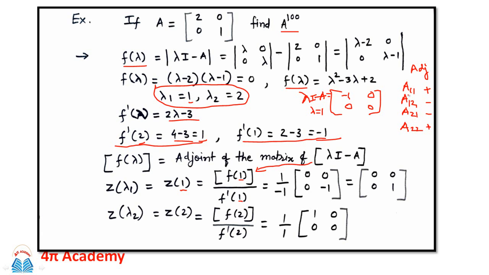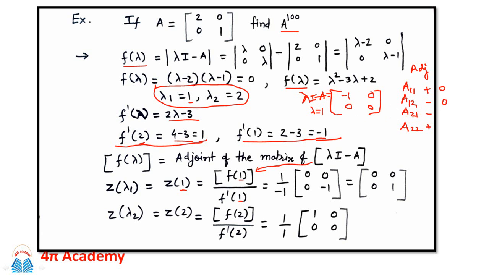Then for the cofactor of a11, you have to delete the first row and first column, so you will get the cofactor of a11 as 0. Then for a12, you have to delete the first row and second column, so again you will get the cofactor as 0.